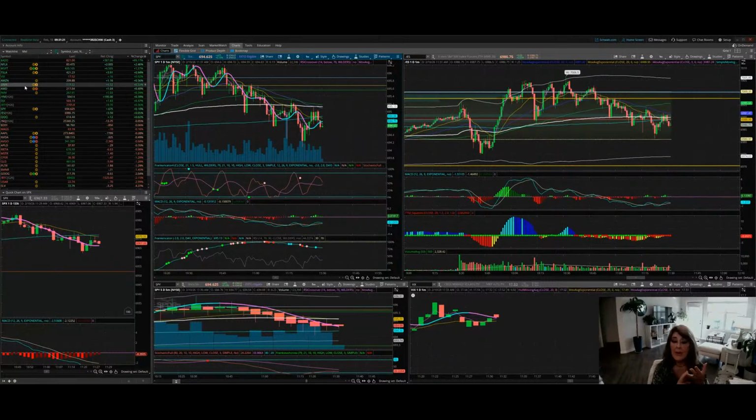So Apple, Amazon, Microsoft, Meta, Tesla, Google, NVIDIA, Broadcom. So I look at those to give an idea of what direction we could be going in, because as those stocks go, so goes the NASDAQ, so goes the S&P 500. So I'm always watching those. I'm always watching the VIX for leadership.